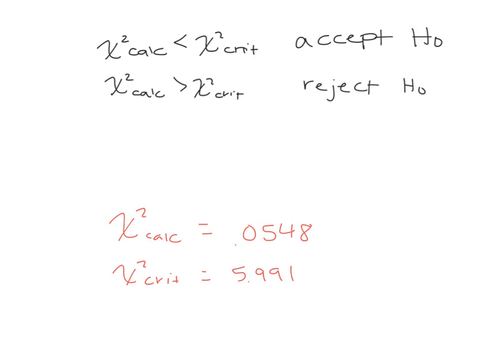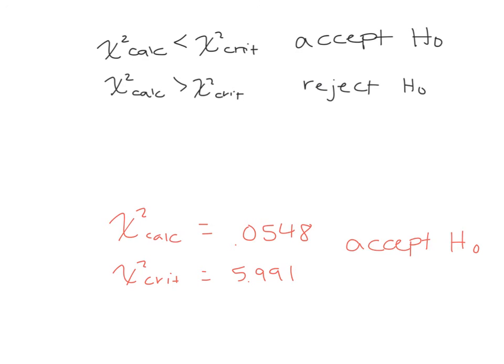And so we're going to take those two values and compare them. As we can see, this calculated statistic is less than our critical value. So that goes along with this right here. Our calculated statistic is less than our critical value, so we're going to accept our null. Remember that our null hypothesis said that a person's sex and how many meals they ate per day were independent.